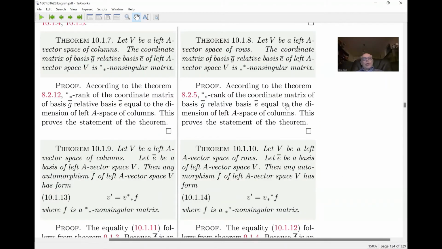Let V be a left A vector space of columns. The coordinate matrix of basis G relative to basis E of the left A vector space V is a CR non-singular matrix. The statement of the theorem follows from the statement that the CR rank of the coordinate matrix of basis G relative to basis E equals the dimension of the left A vector space of columns.